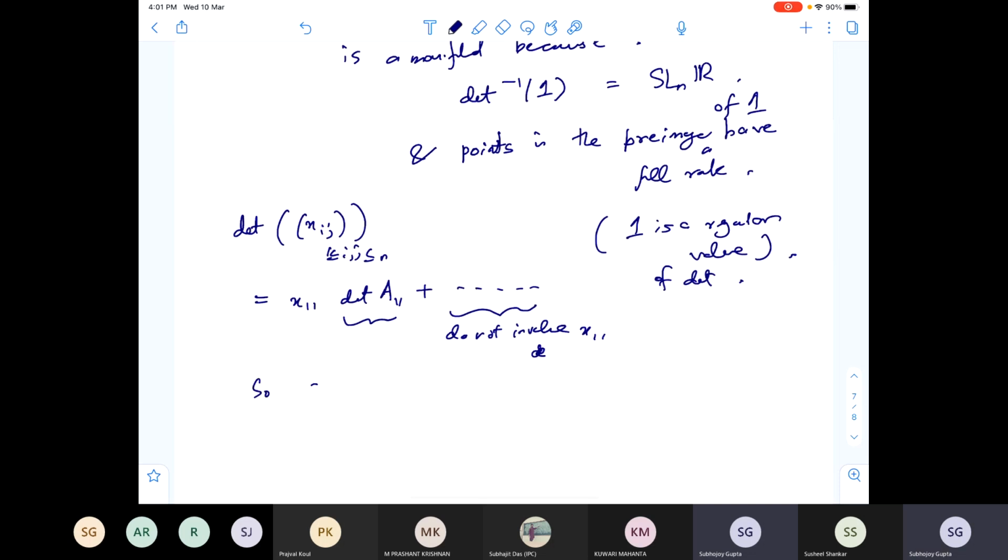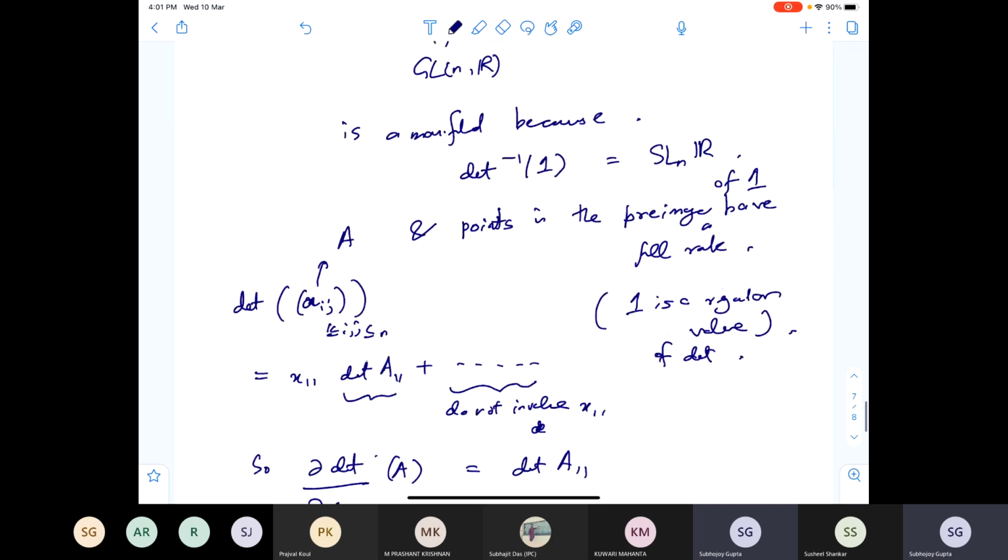So if you look at the derivative of this determinant at this matrix, let's call this matrix A, little a. So the partial derivative of the determinant with respect to X11 at A, you're trying to find the derivative of the determinant at A. That's just the determinant of this cofactor.